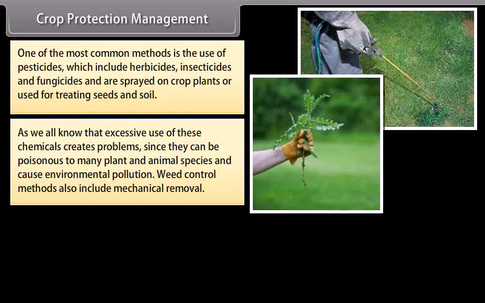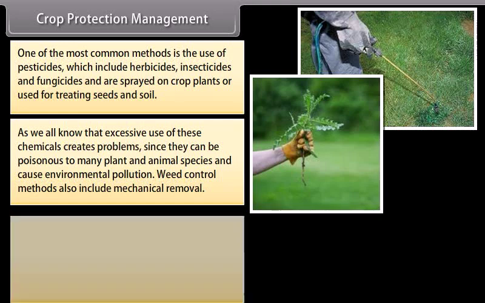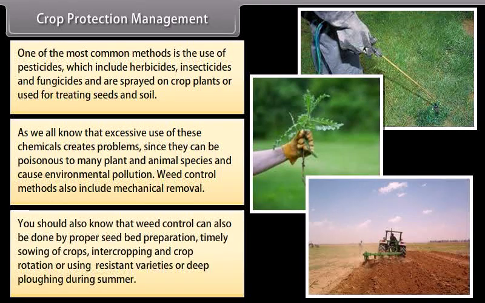Weed control methods also include mechanical removal. You should also know that weed control can be done by proper seed bed preparation, timely sowing of crops, intercropping, and crop rotation, or using resistant varieties or deep plowing during summer.